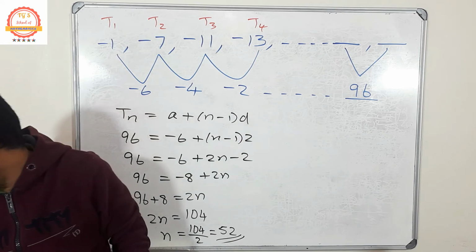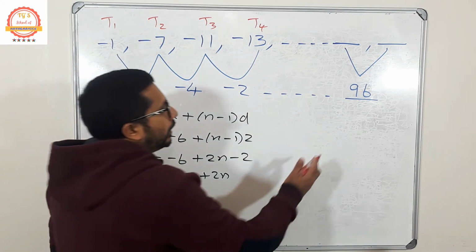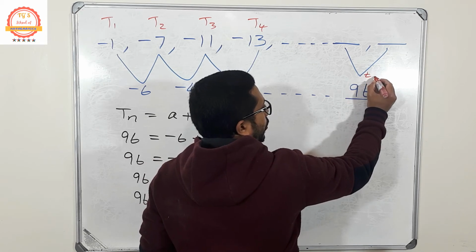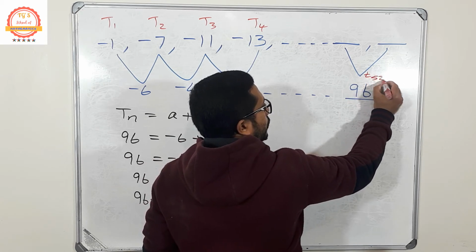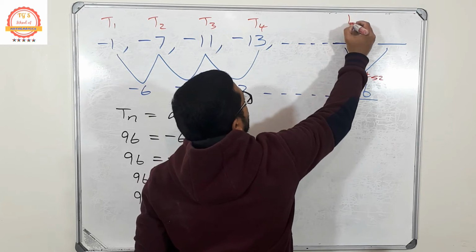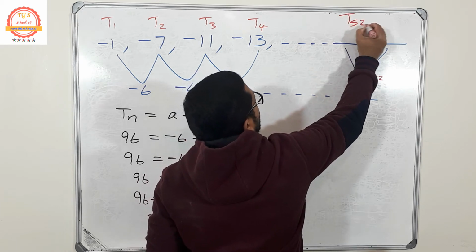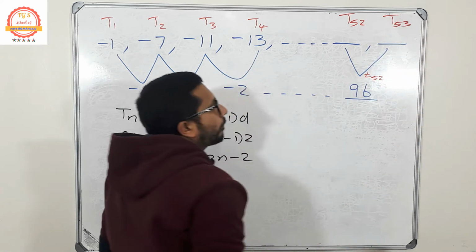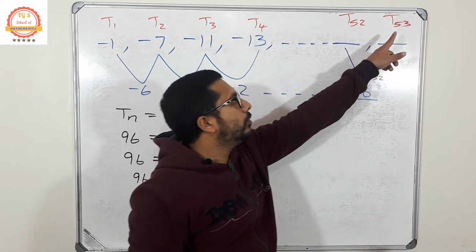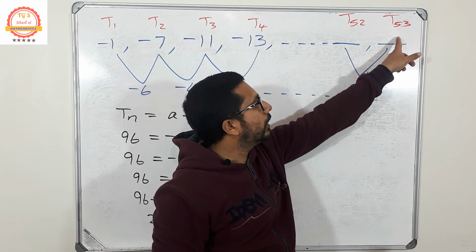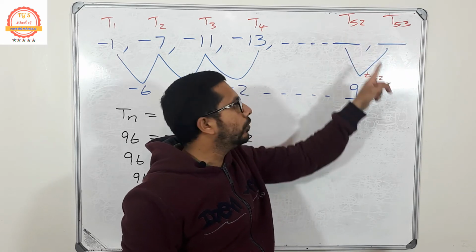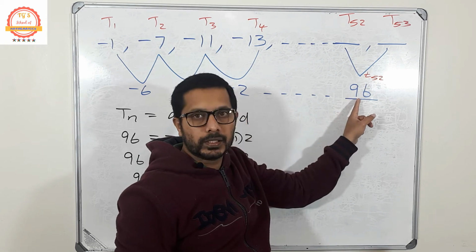So now you know that if this one is the 52nd term, let me denote it with a small letter t52. So here this one is supposed to be t52 and this one is supposed to be t53. So look at this one. When you subtract the 53rd term and the 52nd term, you will get this 96.